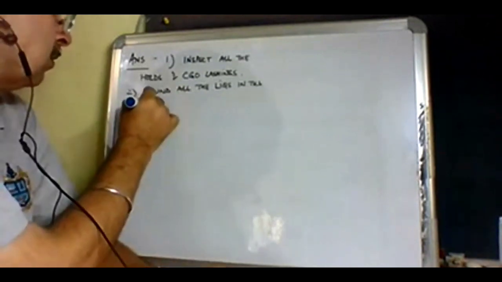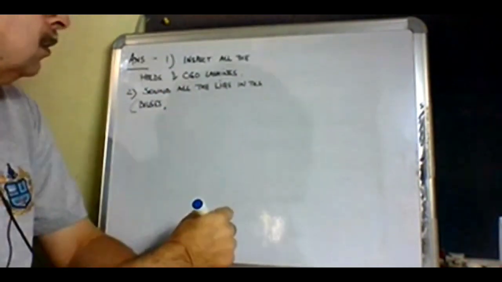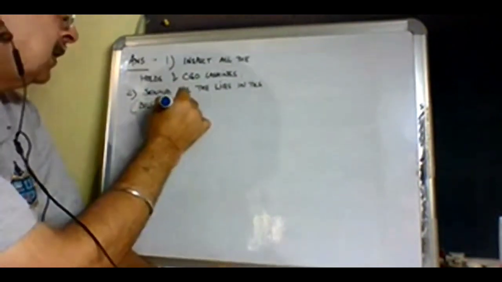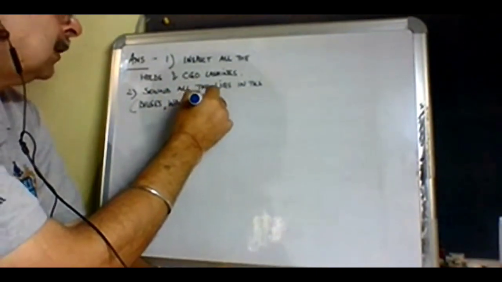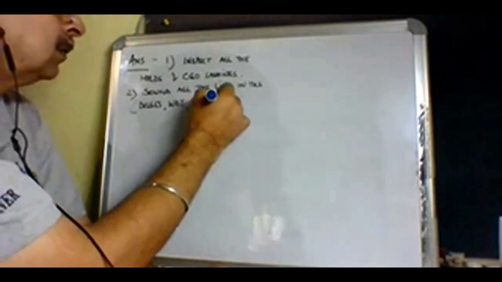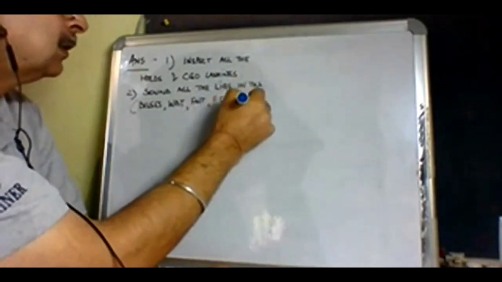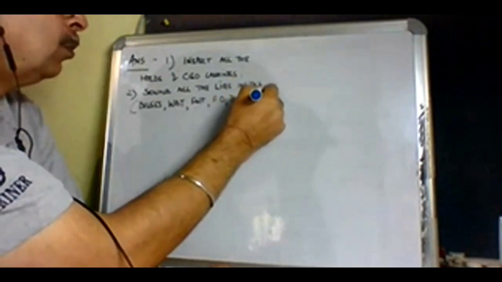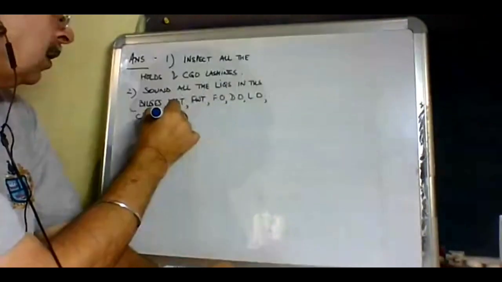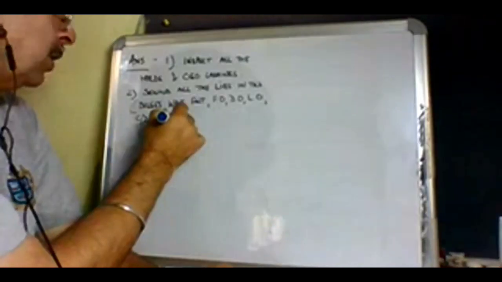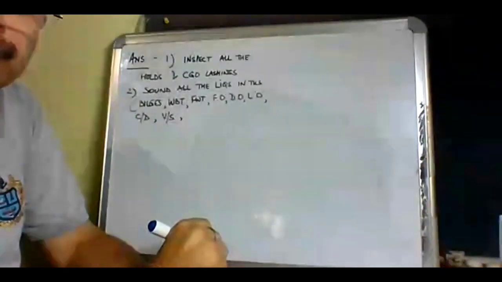We are taking soundings of all the bilges, then water ballast tanks, freshwater tanks, fuel oil tanks, diesel oil tanks, lube oil tanks, all the cofferdams, all the void spaces. Anything left for taking soundings?